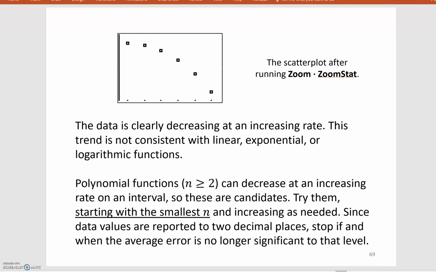We will know when we have a good fit when, since our data values are reported to 2 decimal places, our average error is no longer significant to that level. In other words, we'll need to calculate the average error and see if it has zeros in the first 2 decimal places, and then we'll be good.